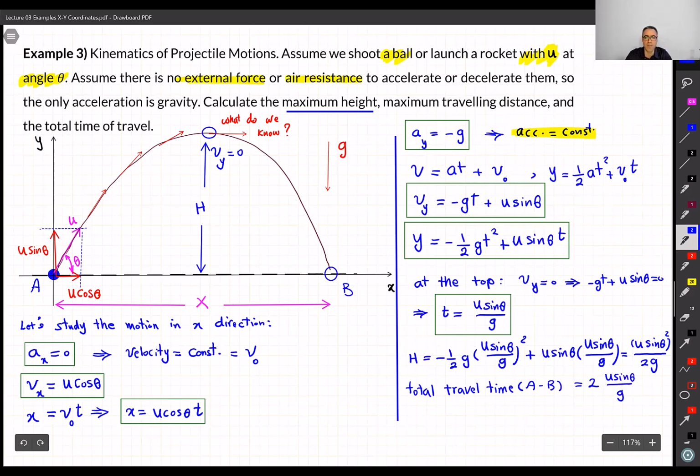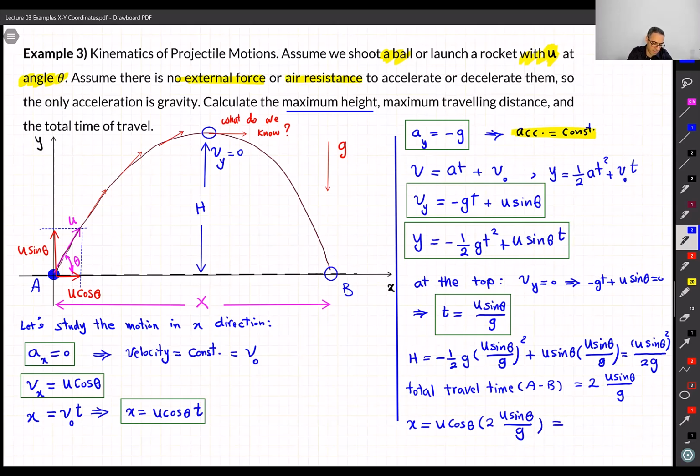Remember, we found the time it gets to the top by this formula. Now the total travel time is twice that. We have a formula for x. We just replace the time by this formula. So it's going to be u cosine theta, and we replace time by 2u sine theta divided by g.